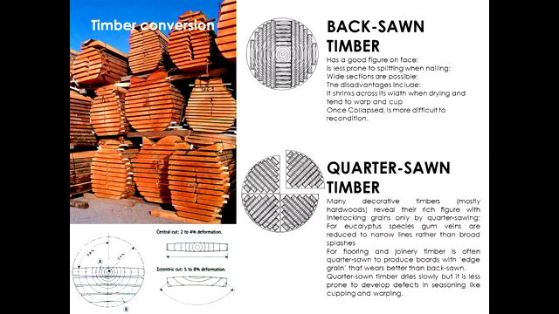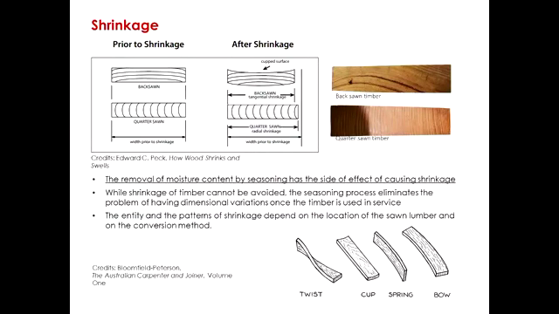Right, so in theory, backsawn timber will generally tend to have a worse grain on the surface, and it will also have problems related to warping or shrinkage. And that doesn't happen with quarter sawn timber. I think you see it better in this slide. So this is the product when it's just cut.